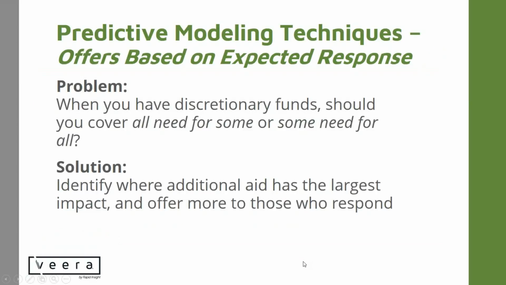Now, if that doesn't apply to you, if that's not necessarily your circumstance, keep in mind there are other possibilities here. So the other option here is an offer based on expected response.